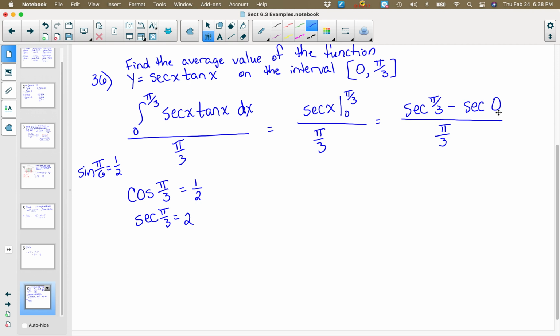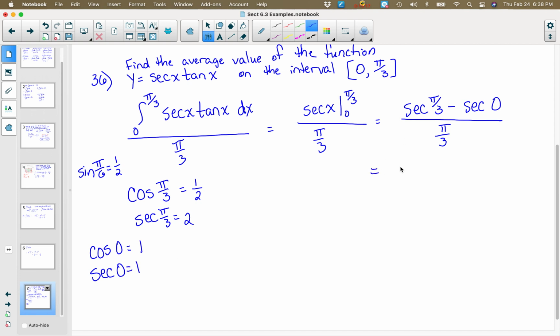So secant of 0, let's figure out cosine of 0. Cosine of 0 is, from the unit circle, 1, so you flip that over, which means secant of 0 is also 1.